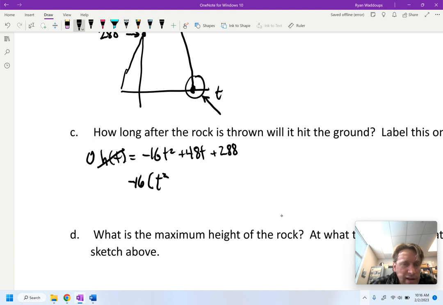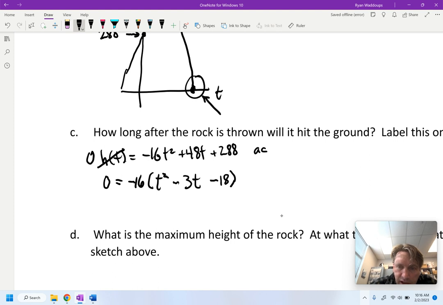Negative 16 out of 48 leaves a negative 3, so that's negative 3t. And if I take 288 and divide it by negative 16, I get negative 18, so that's minus 18. And all of this is equal to 0. So then I can factor this again.